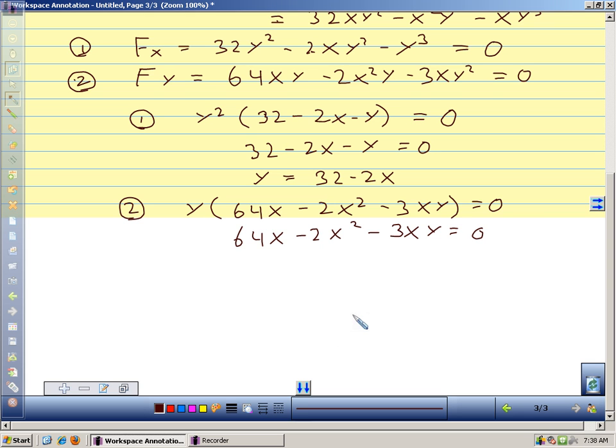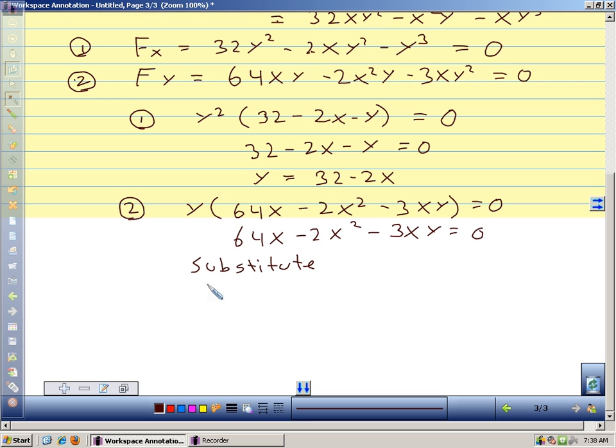What I did, I just substituted this in for y into this one. So this is just the method that I chose to solve this one.